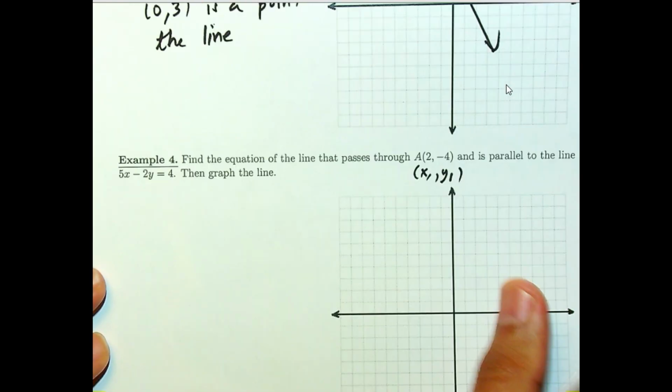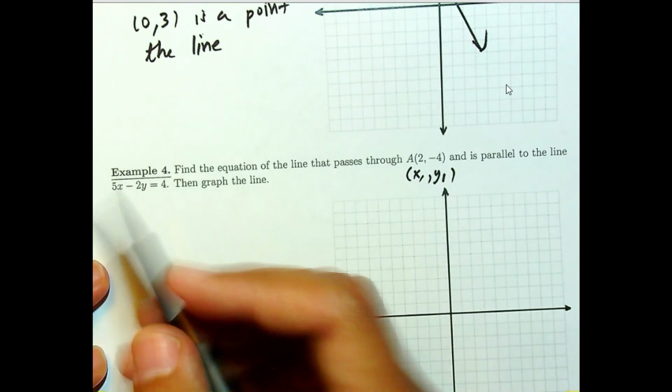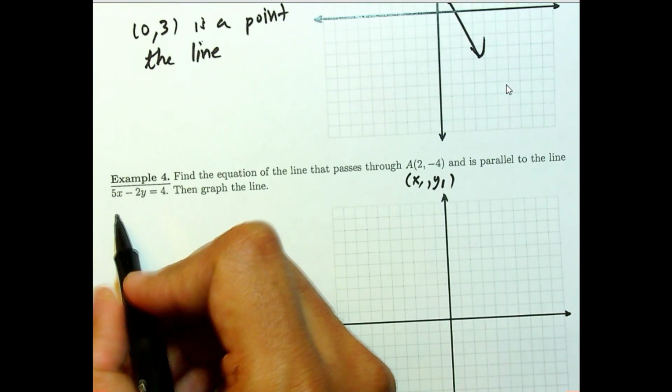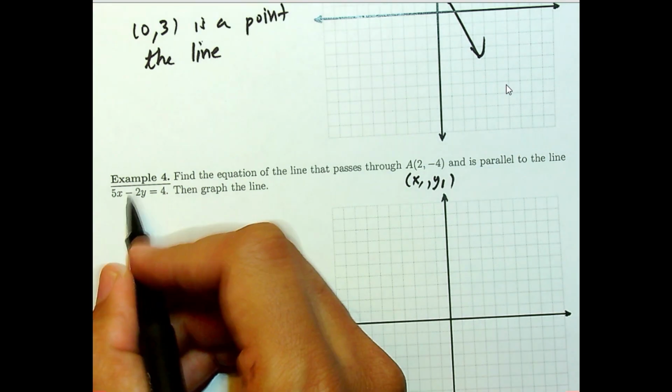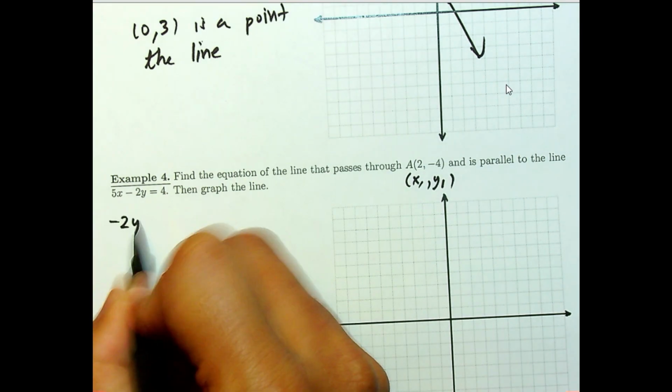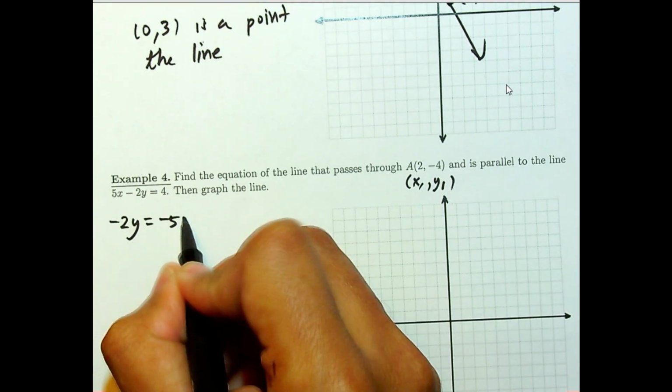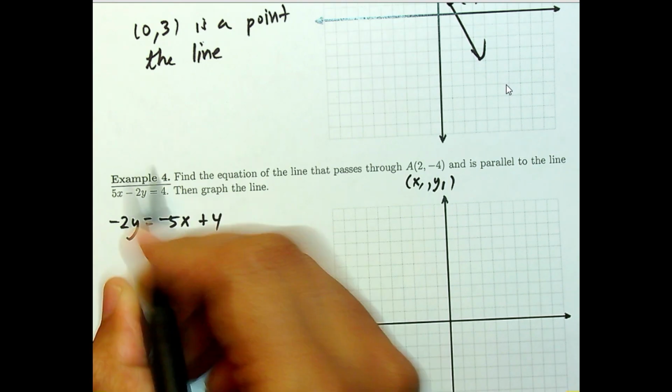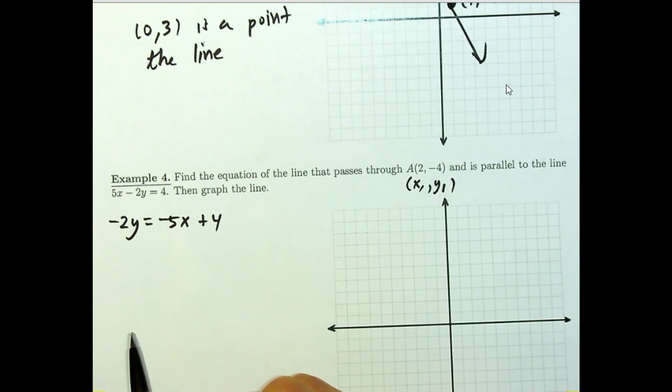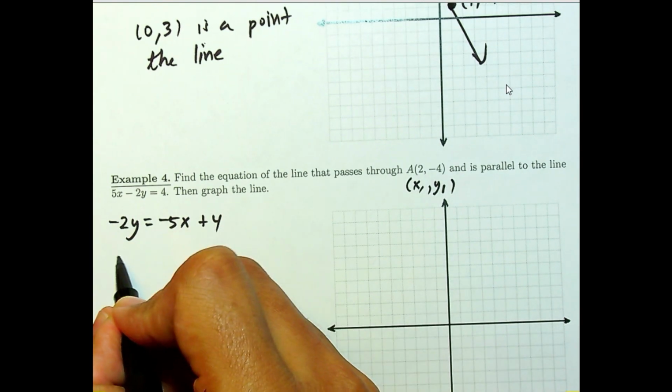So let's solve this one for y, so we can figure out the slope. So move the 5x to the other side. This is -2y equals -5x plus 4, right? Move the 5x to the right, it becomes -5x plus 4. And now we're going to divide by -2.